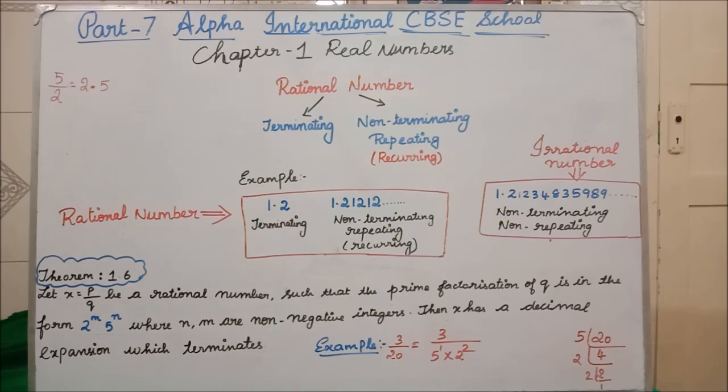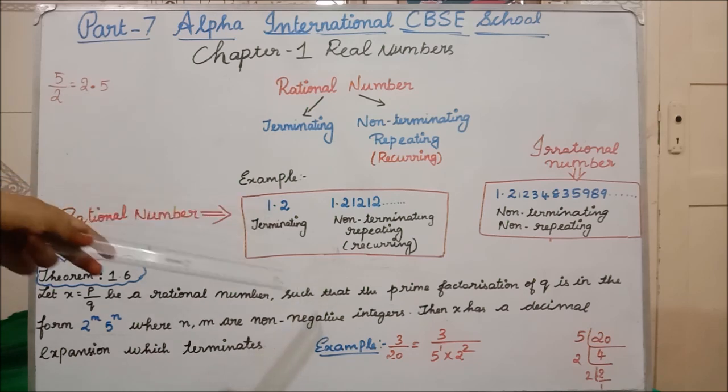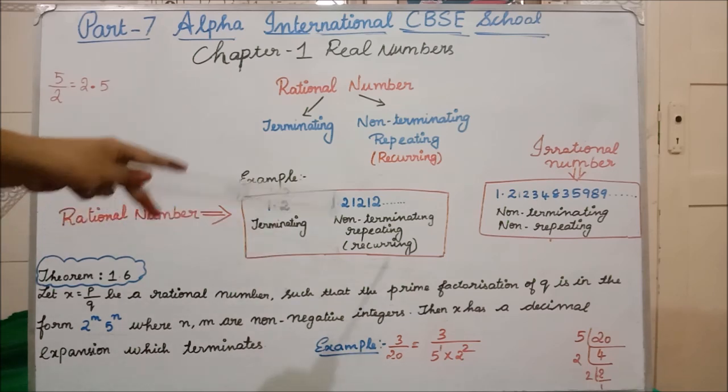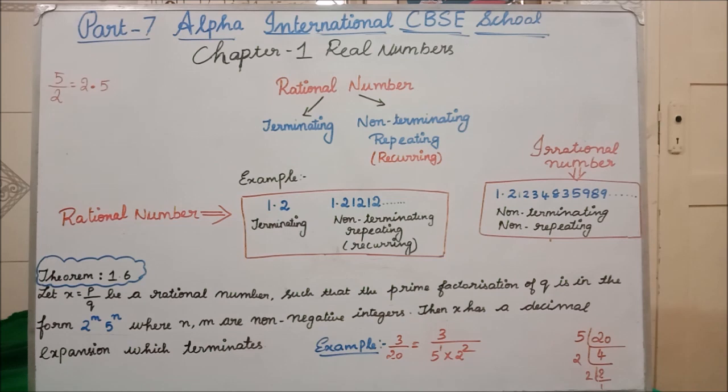The same digits are repeating, so we write non-terminating and recurring. If the same number is repeating and we are not getting remainder 0, it is recurring. So it is non-terminating, repeating, or non-terminating, recurring. These two categories come under rational numbers.